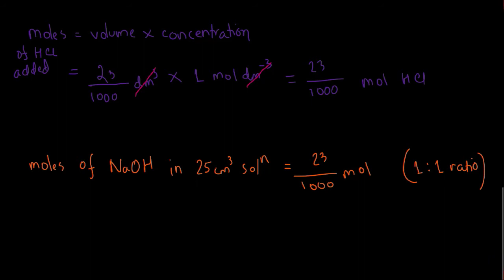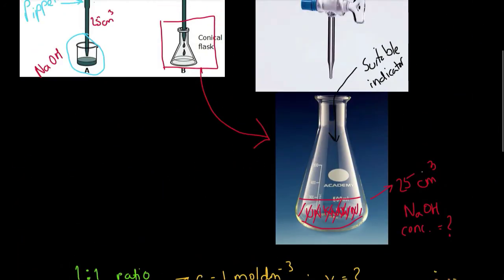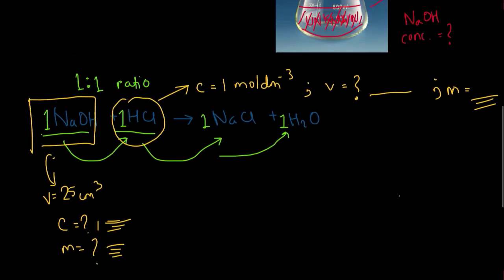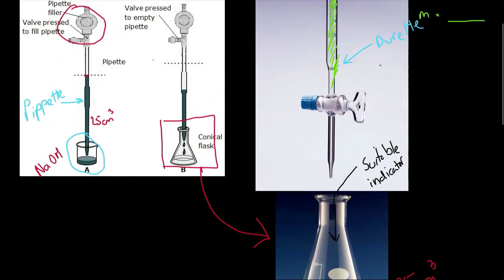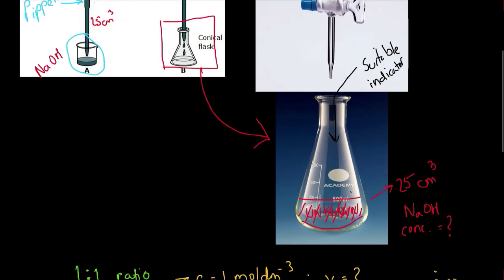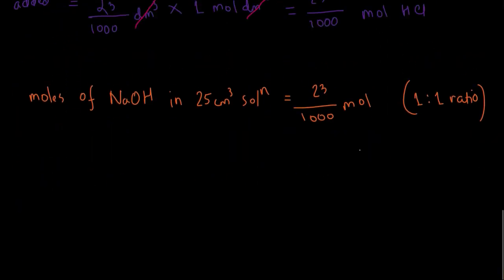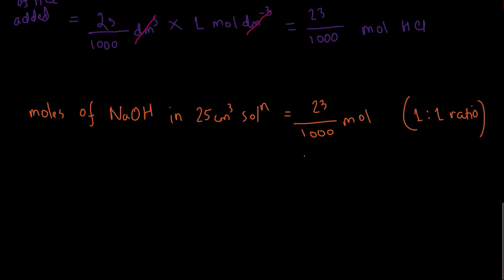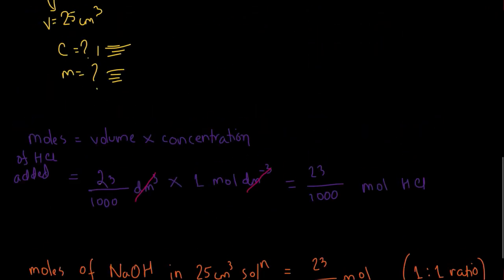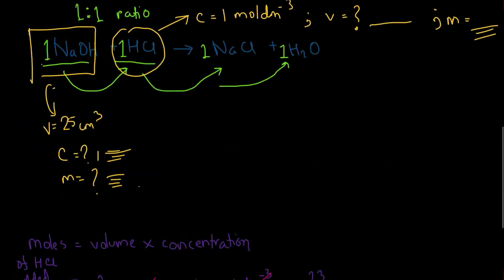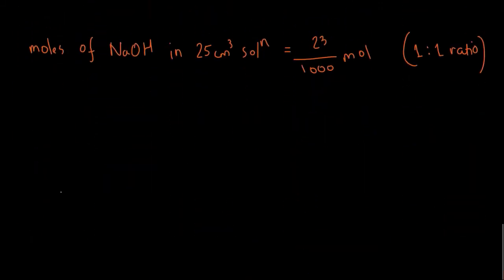Notice here I said moles of NaOH in 25 cm cube solution, because this was the 25 cm cube solution. It must be true that HCl only reacted with this solution up here, only with this 25 cm cube solution. So the amount of moles present in that 25 cm cube solution is the same, 23 by 1000 mole. So now we know the moles of the NaOH.